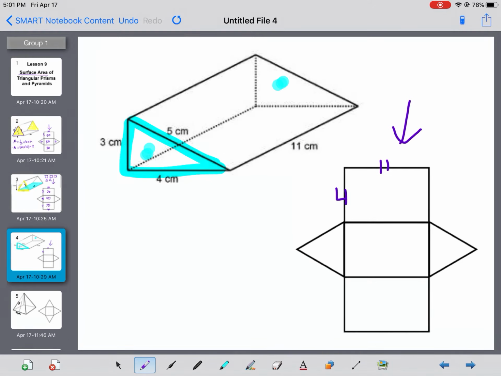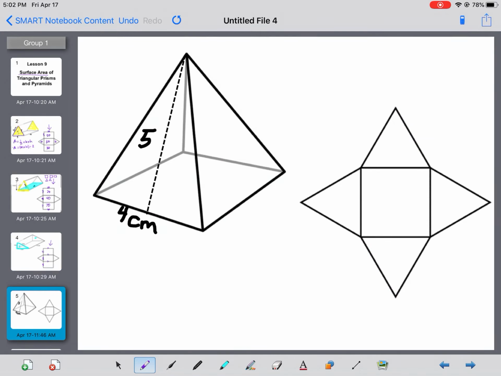All right, so what we end up having is a rectangle that is 4 by 11, a rectangle that is 3 by 11, and a rectangle that is 5 by 11. So each one of these rectangles has a different area measurement. So be really paying close attention so that you don't get caught up and just think automatically, oh, I'll just calculate one of the sides and then I'll multiply it by 3. It's not necessarily going to be that for every triangular prism.